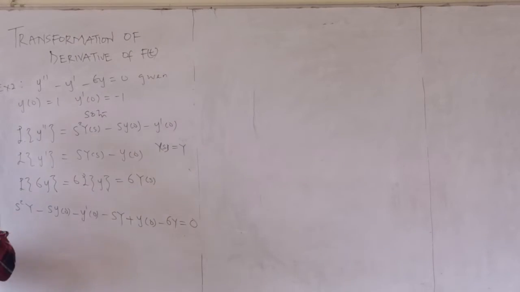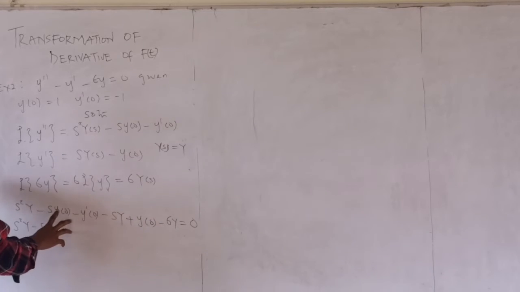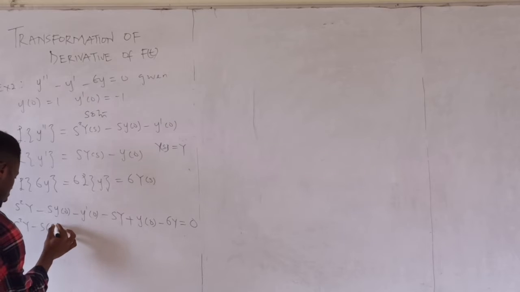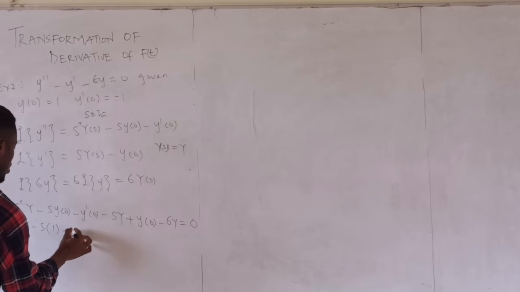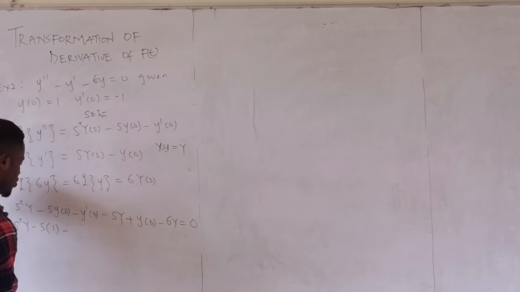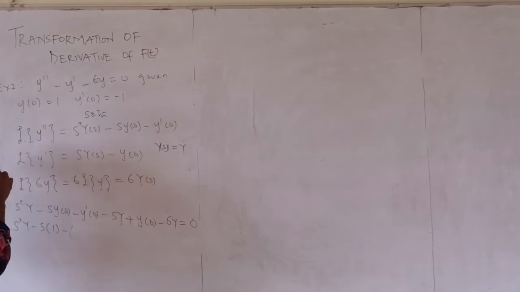So by imputation now, what we have is s squared of y minus s into, so what is the y of 0? Y of 0 here is 1. So I have 1 minus y prime of 0, minus, what is y prime? Y prime is minus 1.